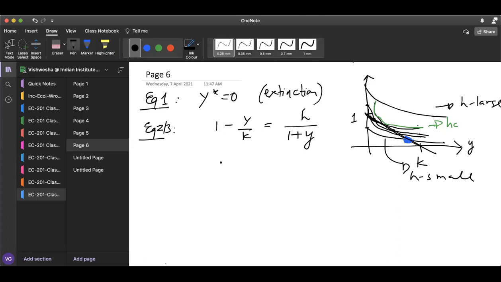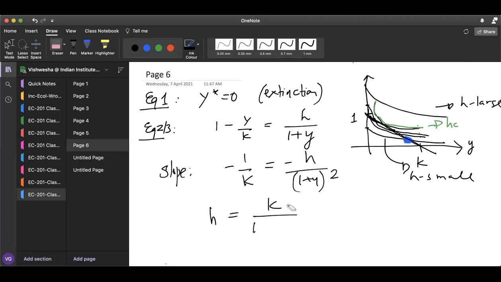So what is the slope of this curve? If I equate the slopes, the left hand side will be 1 minus k, the right hand side will be minus (1 plus y) whole square. So h is equal to k divided by, hc is basically (1 plus y) whole square by k.